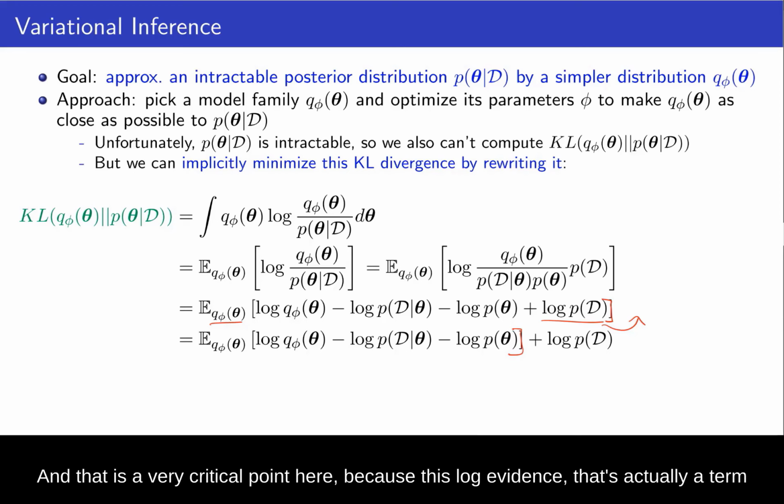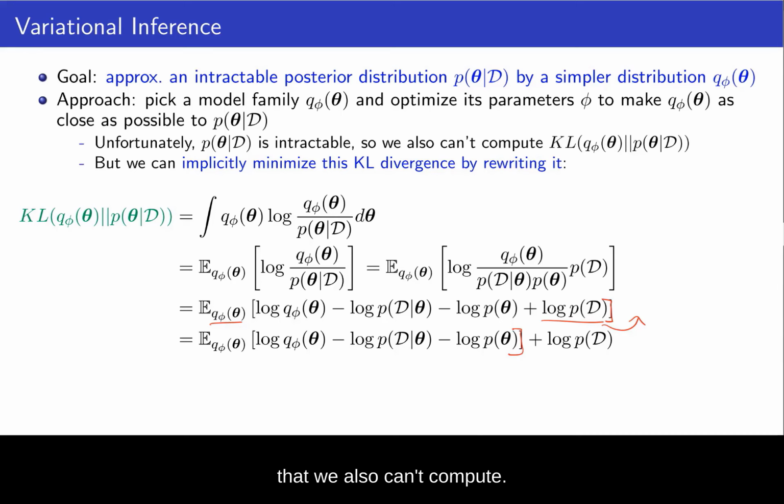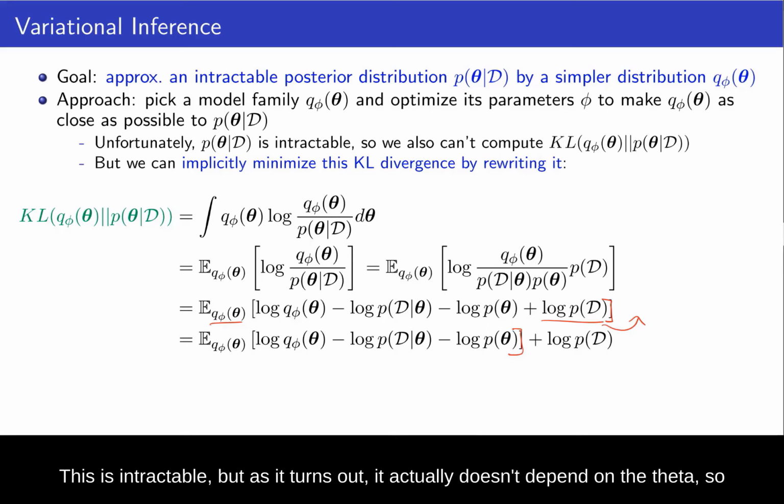And that is a very critical point, because this log evidence is a term that we also can't compute. This is intractable, but as it turns out, it doesn't depend on the theta, so we actually don't care about it. It just becomes an additive constant.